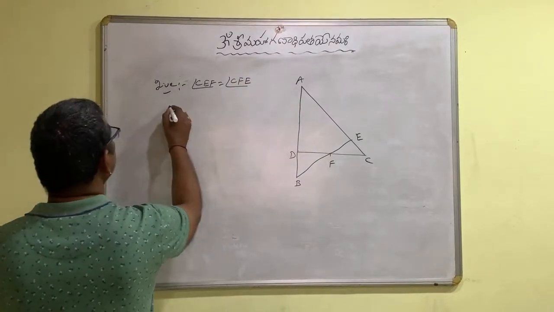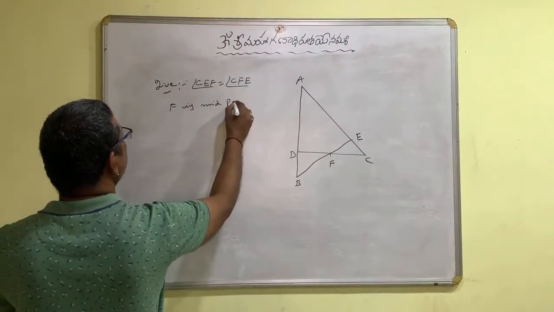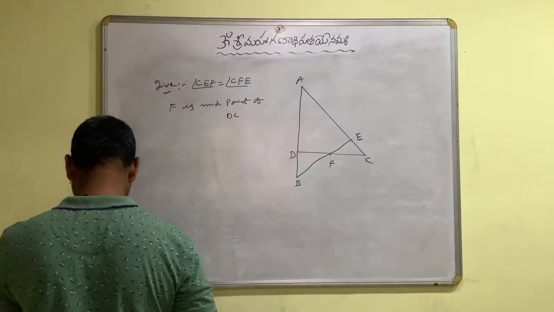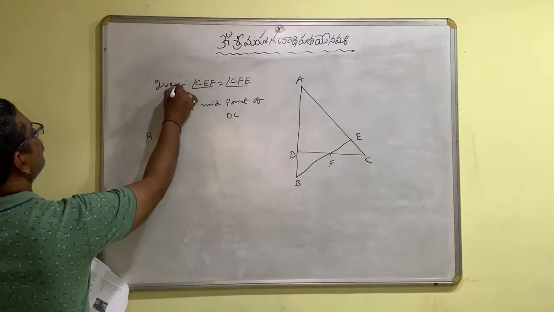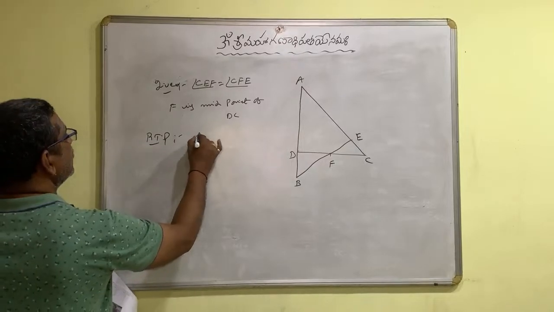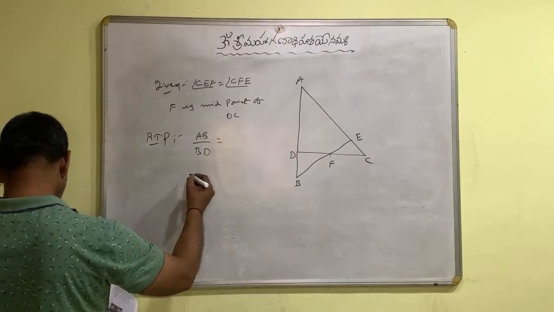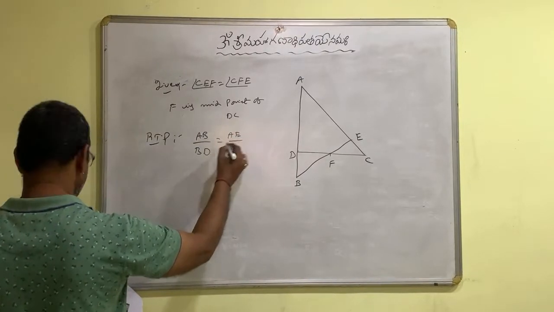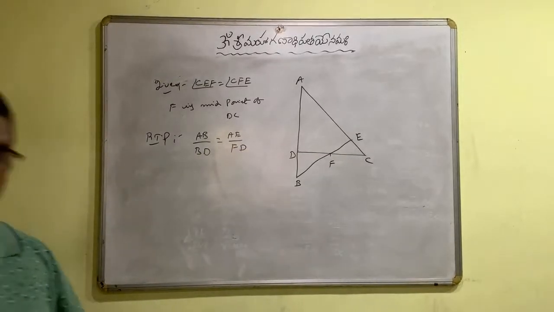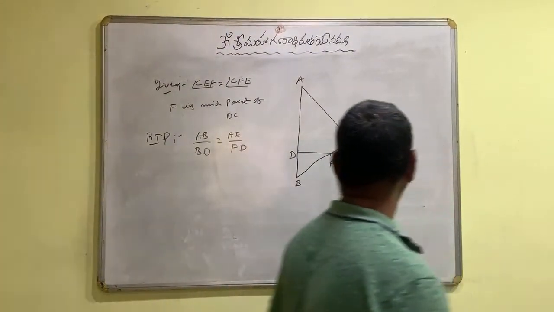Not only that, F is midpoint of DC, and what we have to prove is AB by BD is equal to AE by FD. This is what you have to prove.